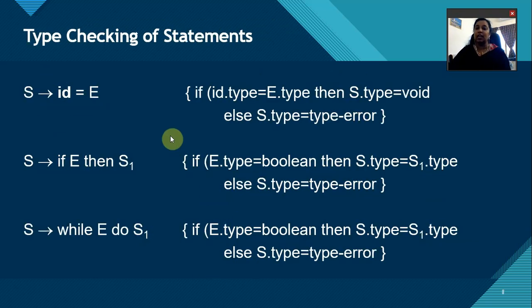Now we have type checking for statements. Here we have many statements such as control statements, switch cases, and so forth. For our understanding, we'll take the if then else statement and also a while statement. Now we'll go for an if then else statement. How have they defined it? We have a condition. That condition may be, for example, A less than B, A greater than B, and so on.